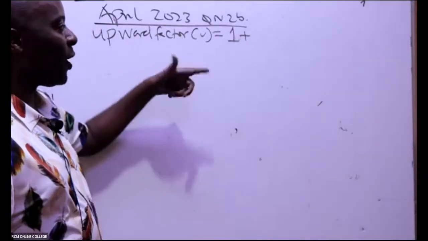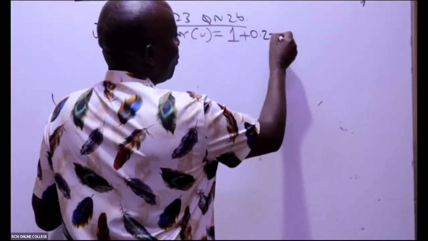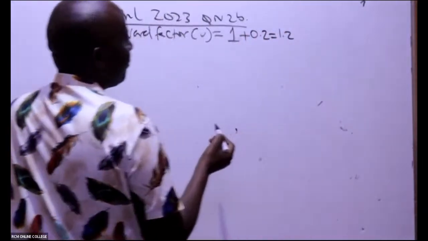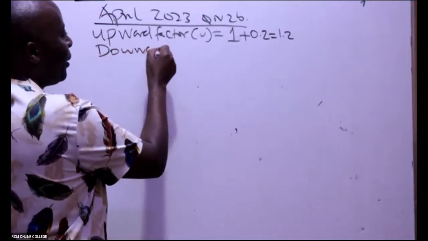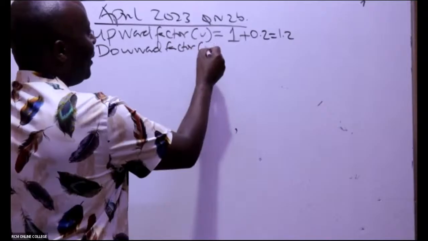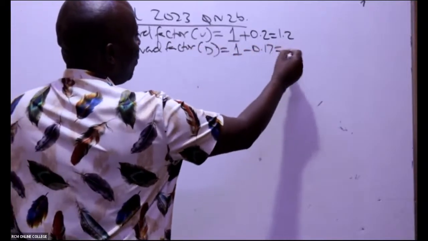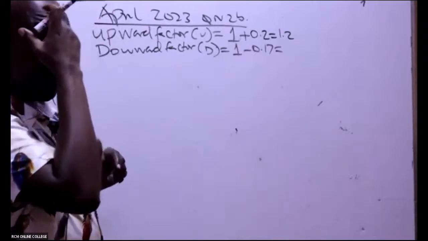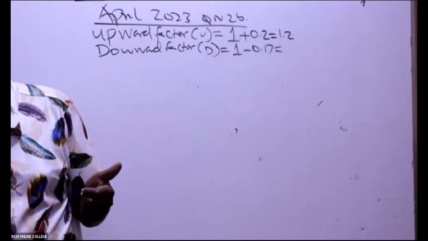So the upward factor U is 1 plus 0.2, which is 1.2. And then we have the downward factor, D. Here our price is going down by a whole 17%. So then our D will be equal to what here, somebody?